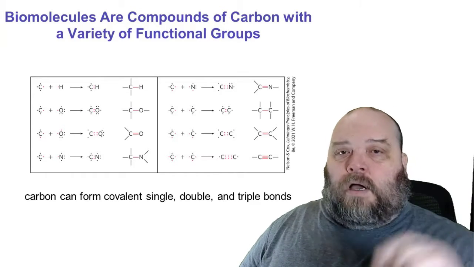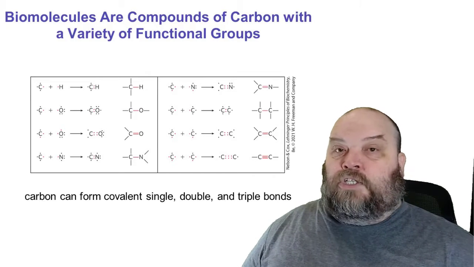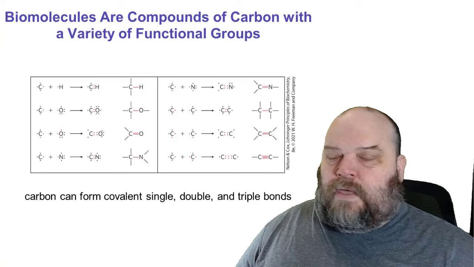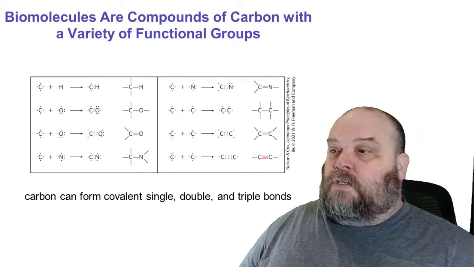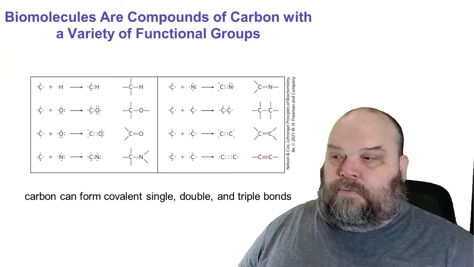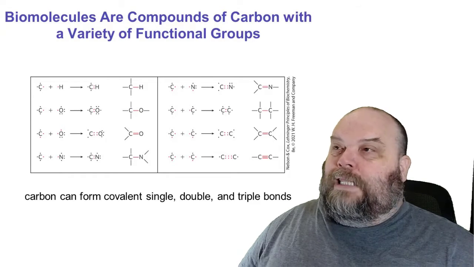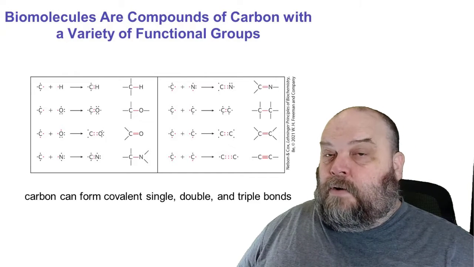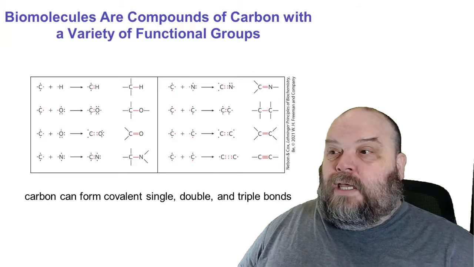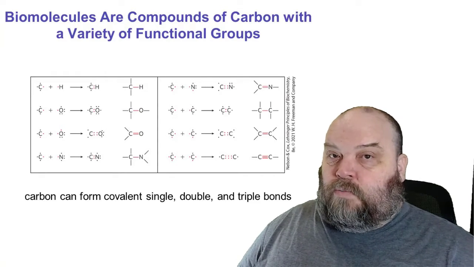Carbon, carbon, carbon, carbon linked together in three-dimensional structures. But the carbon chains themselves don't do anything. They will form covalent bonds with something, yes, but that's it. What allows these carbon chains to interact with other atoms and molecules in their environment are these functional groups.